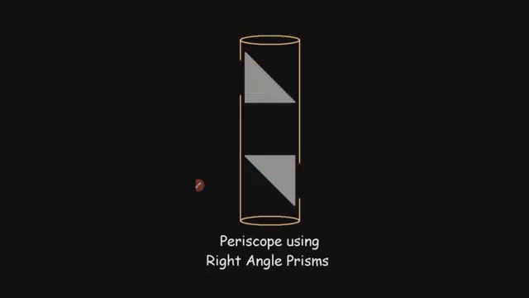When the light gets reflected again, the observer can see the object, because these are the incident rays coming from the object. Here multiple reflections occur: this is one reflection, and this is another reflection. The observer can see the object, which he cannot see directly with his own eyes. So this is how a periscope works.